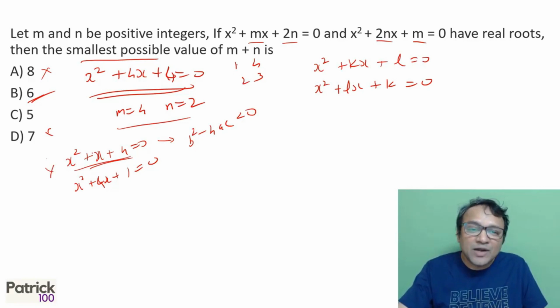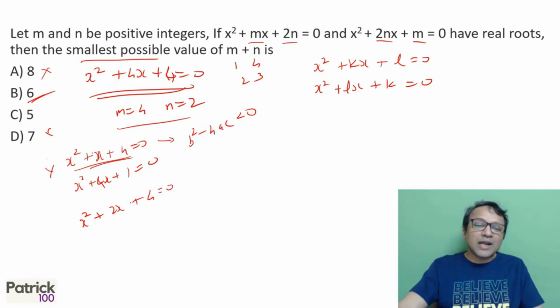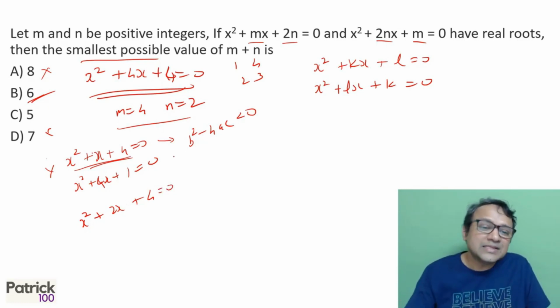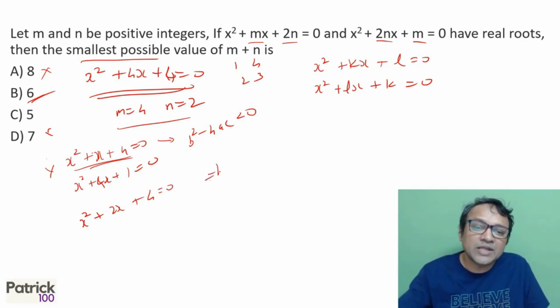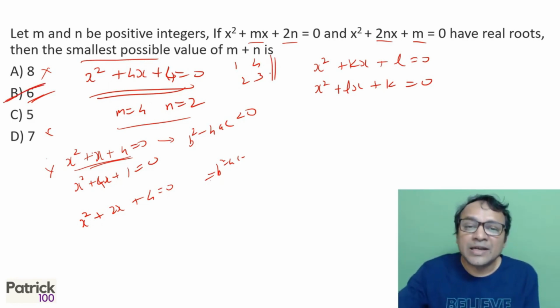In the same way, if I take 4 and 1, it will become x squared plus 2x plus 4. Again, if you look at b squared minus 4ac and so on, if you keep on trying, you'll realize that it doesn't satisfy. If you look at both these conditions, none of the conditions satisfies. So automatically the option is 6. I'll repeat this again. I see that they are interchangeable, the b and the c part.